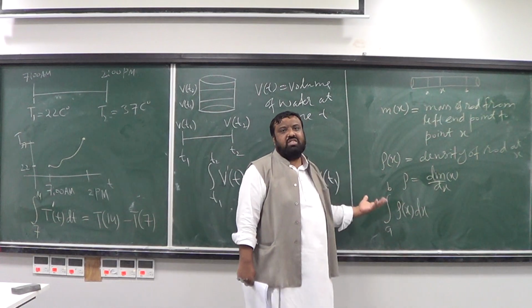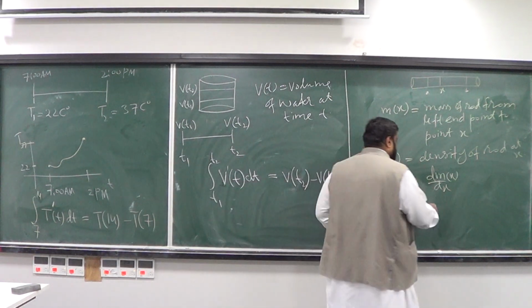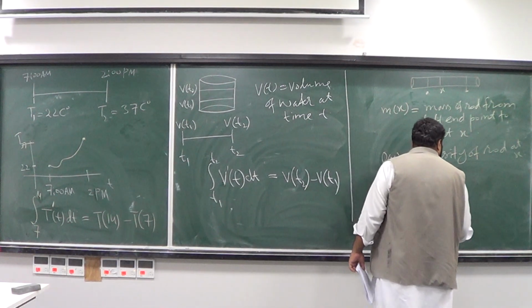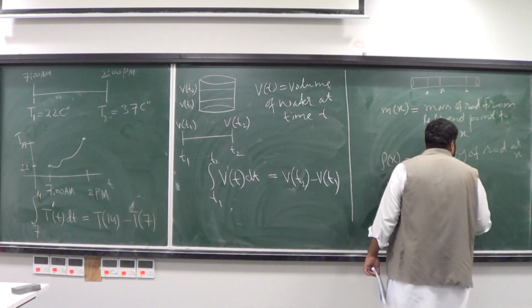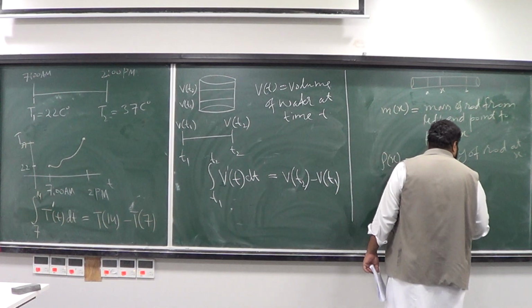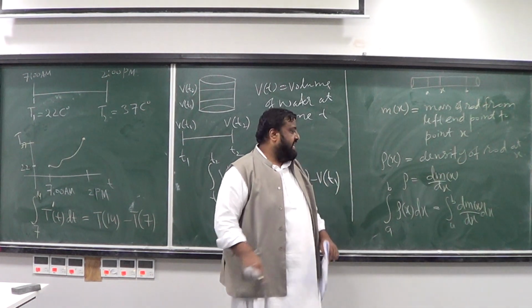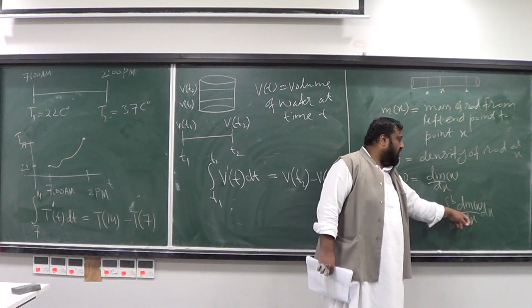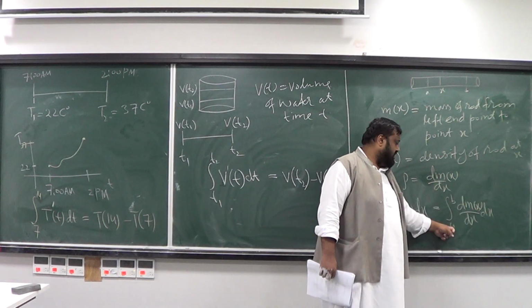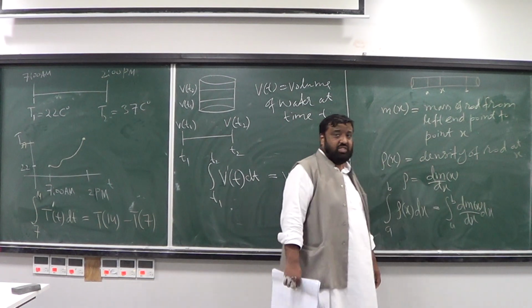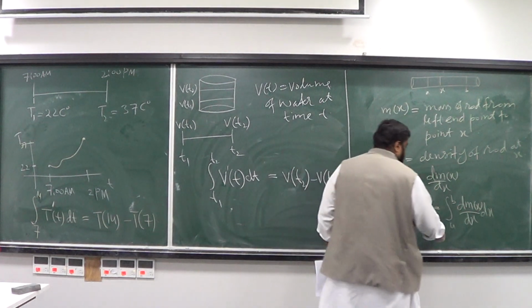Then what would be this sum actually? The sum of all densities, since the density is the change in mass at the location x, is the same as summing up all changes in masses from the location A to the location B. Then what would be this?